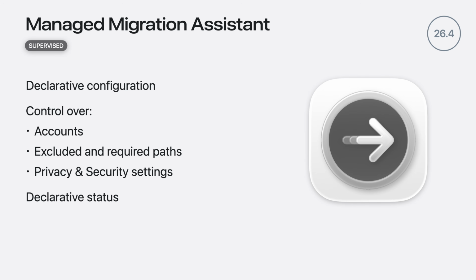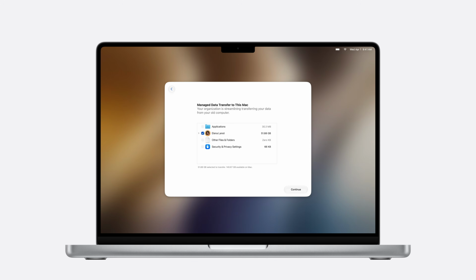Migration Assistant reports declarative management status, so IT administrators can monitor the progress of migration. These settings are shown to the user, but they're locked. All the user needs to do is click Continue to begin the migration process. This is a great way to get your users up and running with a new Mac.